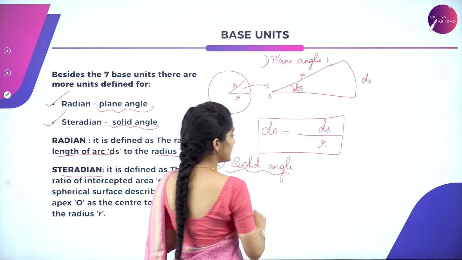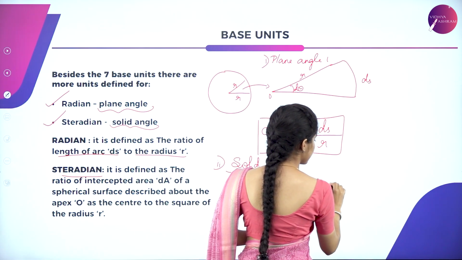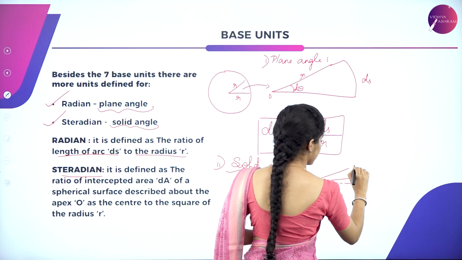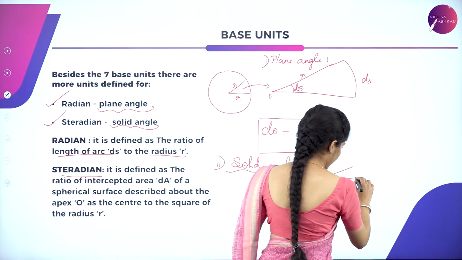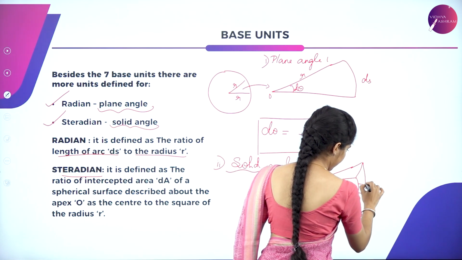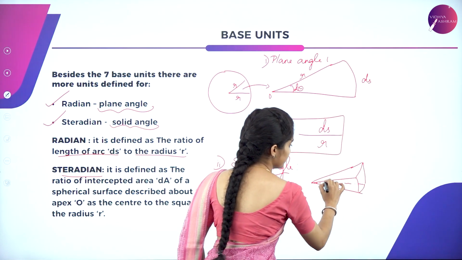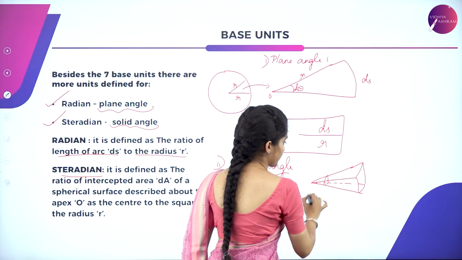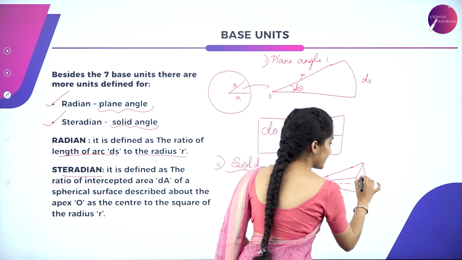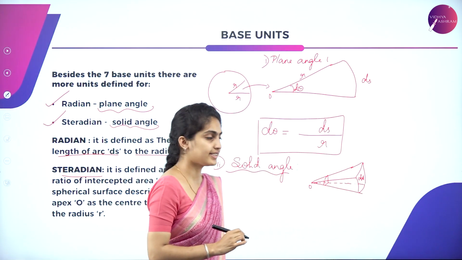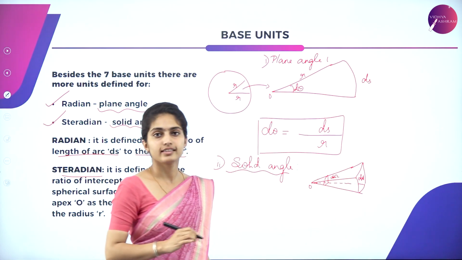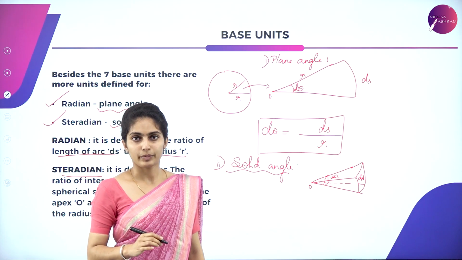In this solid angle, this is O and this can be area which is represented as dA, and this angle can be represented in this way, d omega.